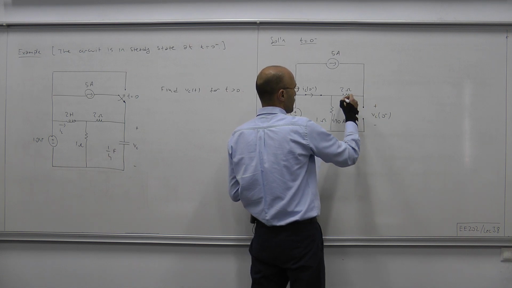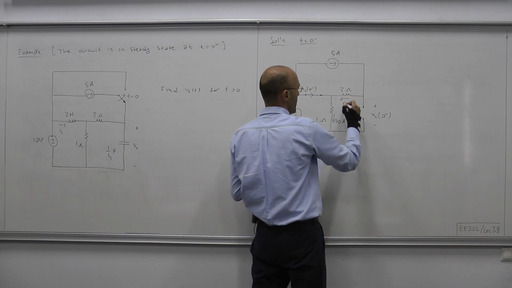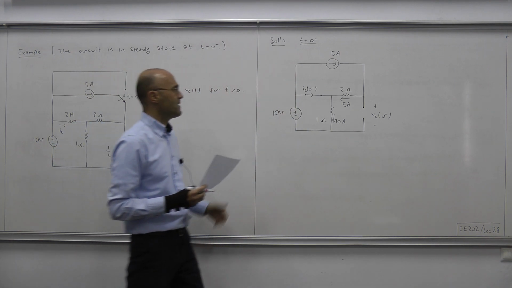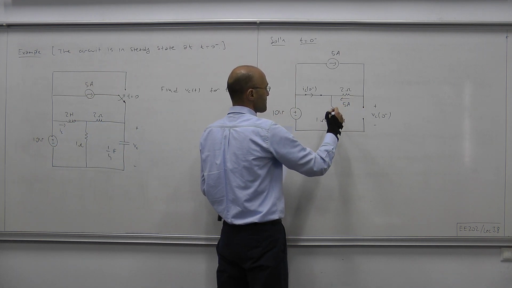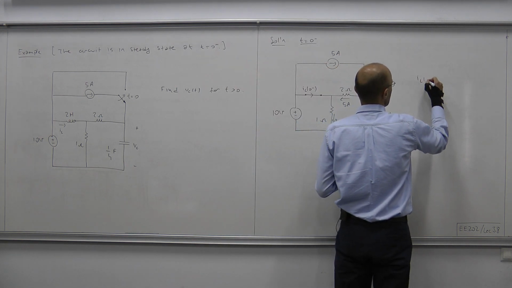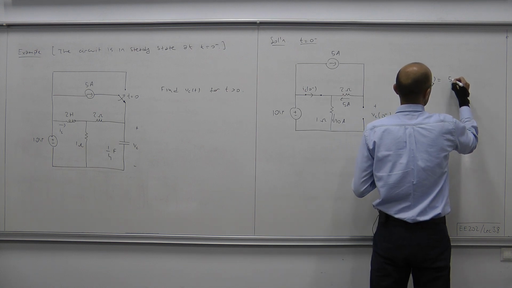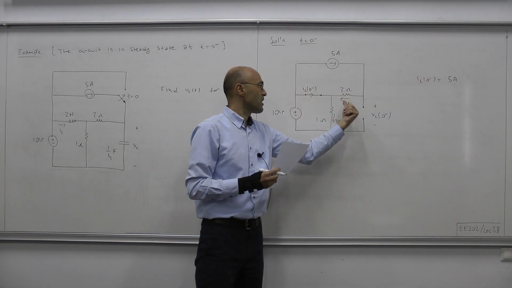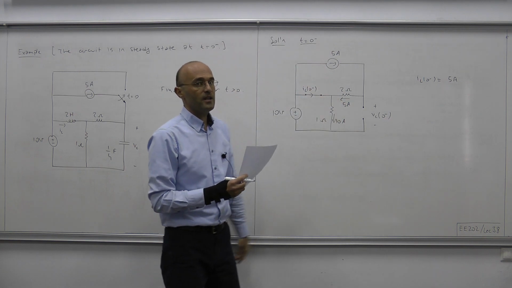This is open circuit, therefore all of those 5 amps should be flowing here. Here we have 5 amps and this is 10 amps, therefore by KCL IL(0 minus) must be 5 amps. 5 coming from here, 5 coming from here, and they produce 10 amps.